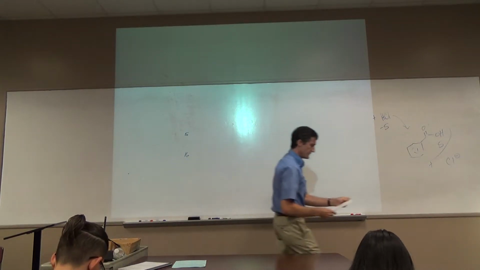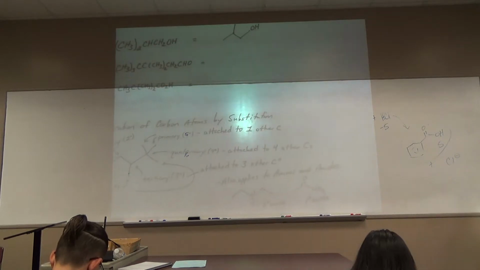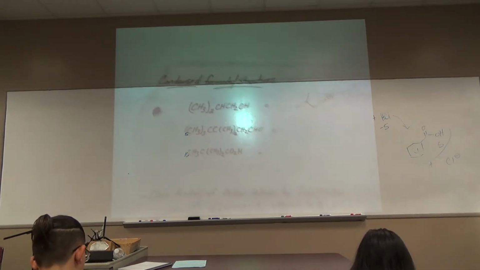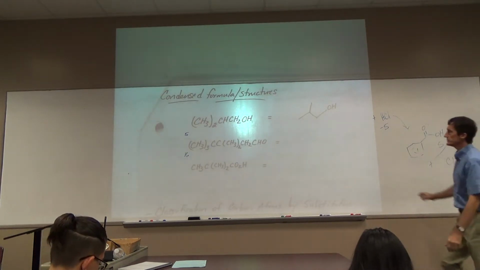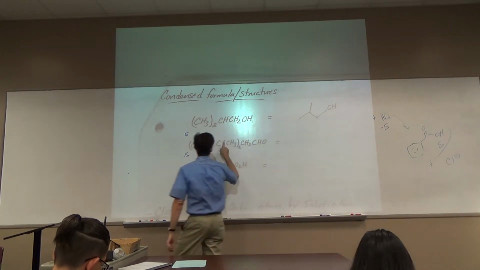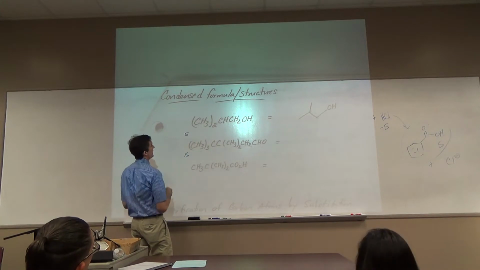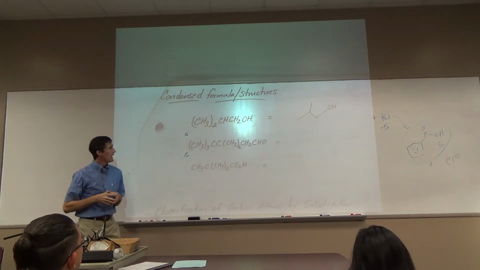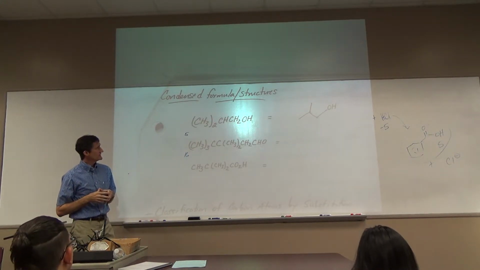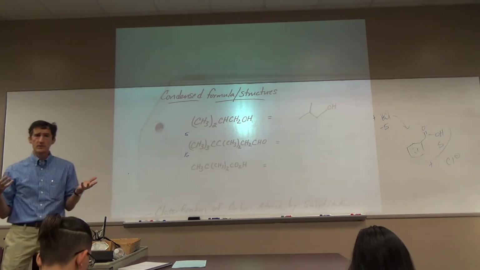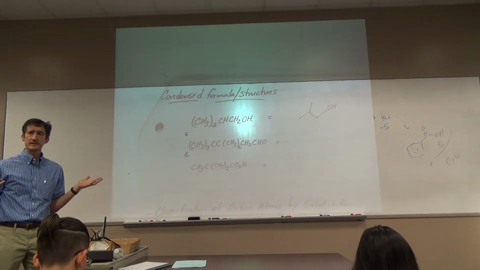Okay, the next page I think we'll do in lab. Some stuff there, including condensed formulas. Take a look at this, maybe real quickly. I'll let you do these two on your own, but you need to get used to condensed formulas. It's not strictly just a pure formula like C20H14NO3.